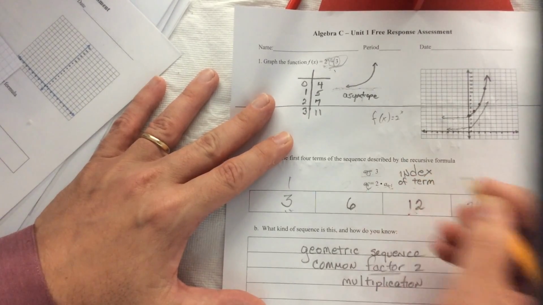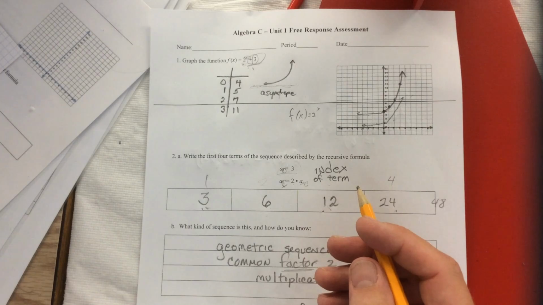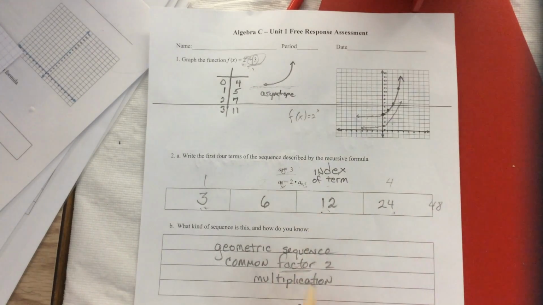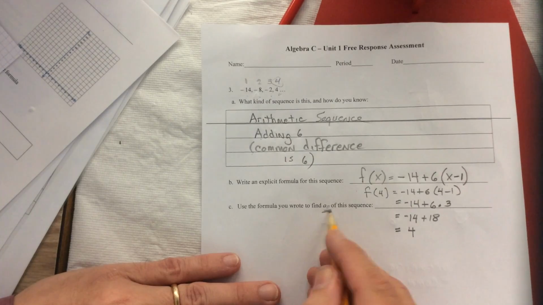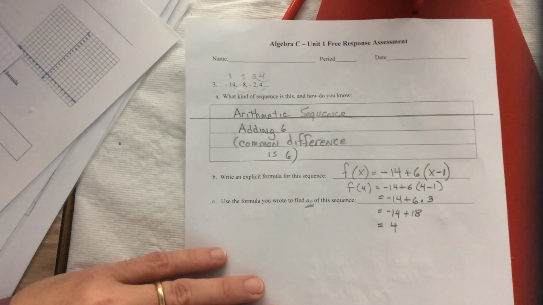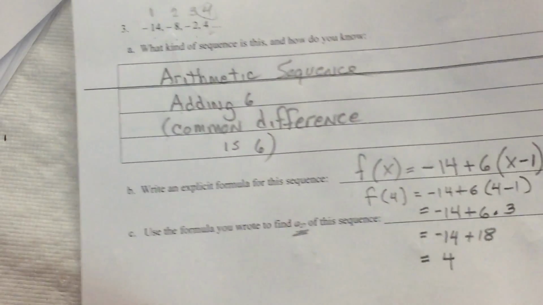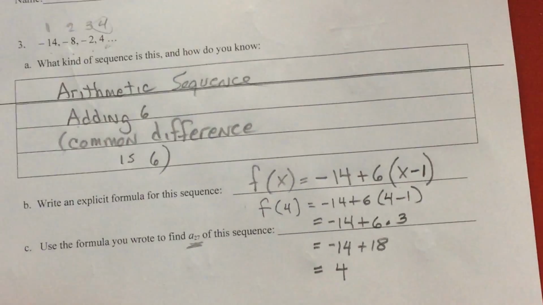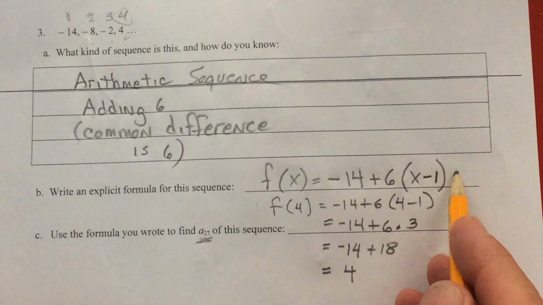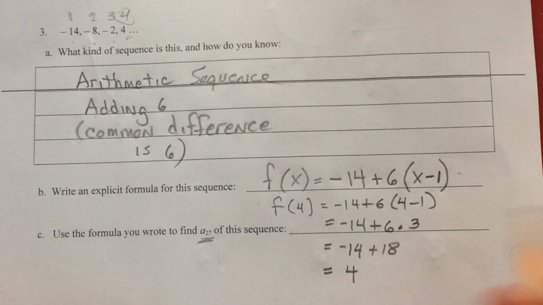Basically, it's like a name tag. And what that means is if I want the 4th term or the 5th term, or in this case, the 27th term of the sequence, which is what that asked for, I need to be able to plug 27 into my equation to get the answer.